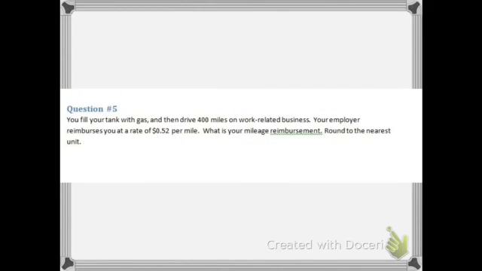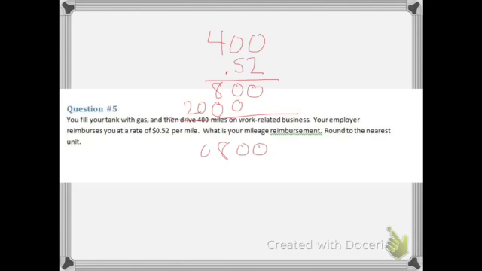Well, let's see. If you drive 400 miles and you get 52 cents per mile, it should be something around $200. It'll be a little bit more than $200. 2 times 0 is 0, 2 times 0 is 0, 2 times 4 is 8, 5 times 0 is 0, 5 times 0 is 0, 5 times 4 is 20. 00802.